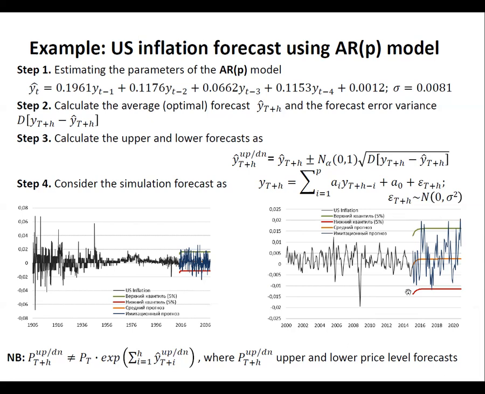Now this blue twitchy line is step 4, the so-called simulation forecast. It is also necessary. A simulation forecast is one in a million or billion set of possible simulations of a random variable.